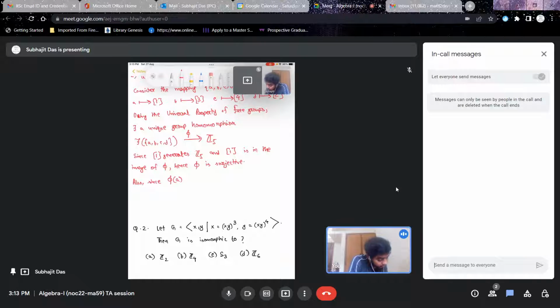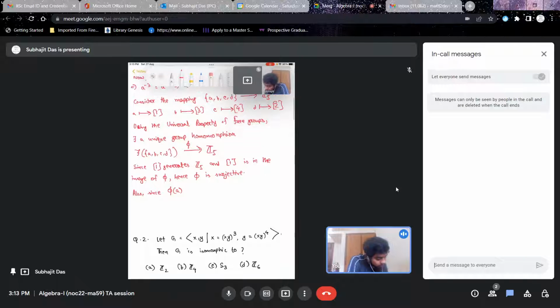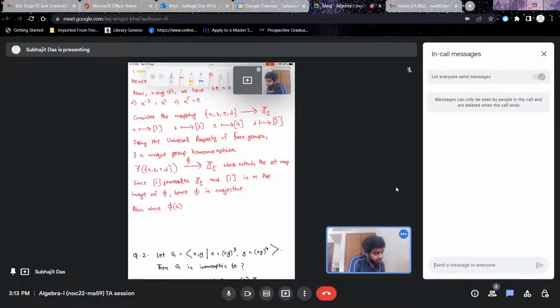So let me write something extra here. Using the universal property of free groups, there is a unique group homomorphism from this to this, which extends the set map from A, B, C, D to Z5, right?